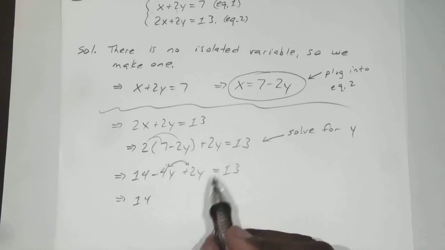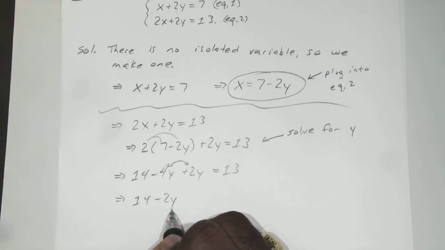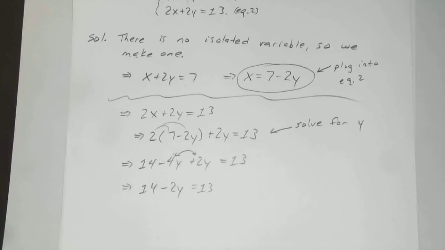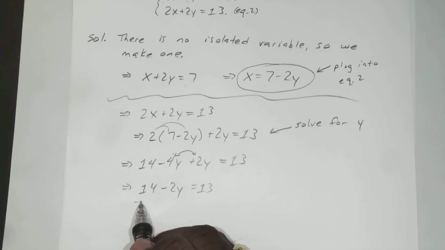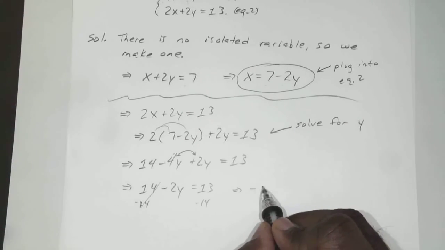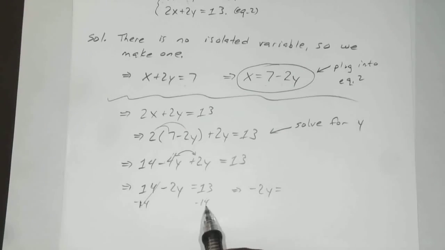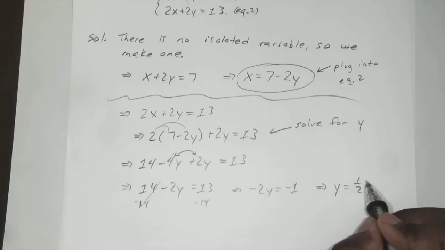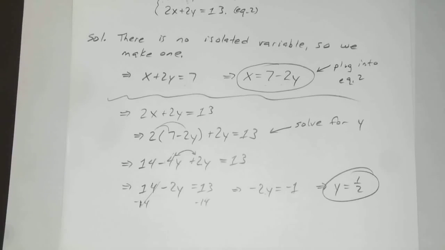Negative 4 plus 2 is negative 2, so negative 2y equals 13. So we go ahead and subtract 14 from both sides. Those two disappear. It gives us negative 2y equals negative 1. Divide both sides by negative 2. So we have y equals 1/2.